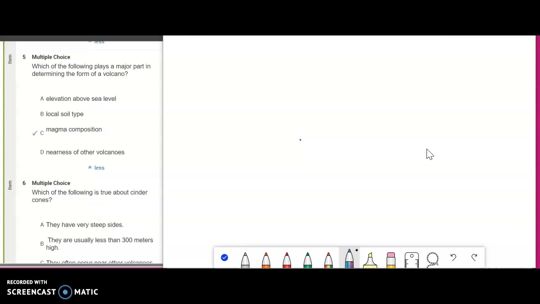Magma composition, yes, because if you look at your cinder cones, they are steep, but they're not as tall and steep as stratovolcanoes. And cinder cones don't have lava. Stratovolcanoes have lava.